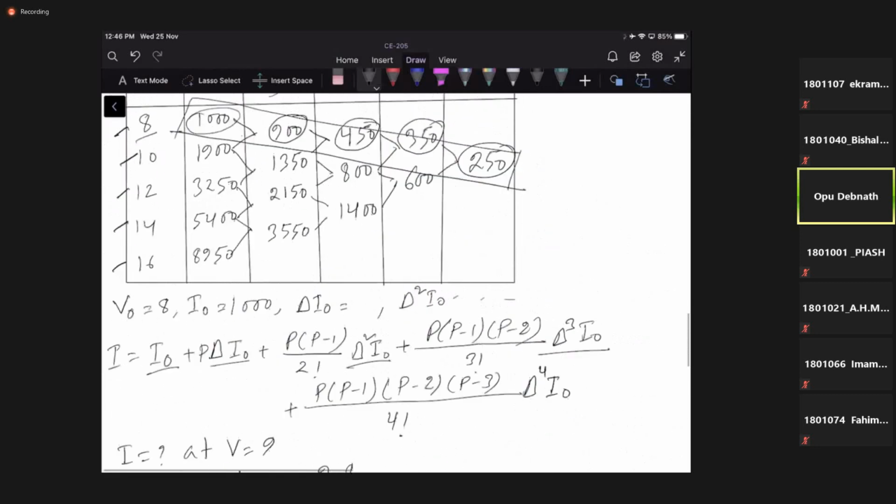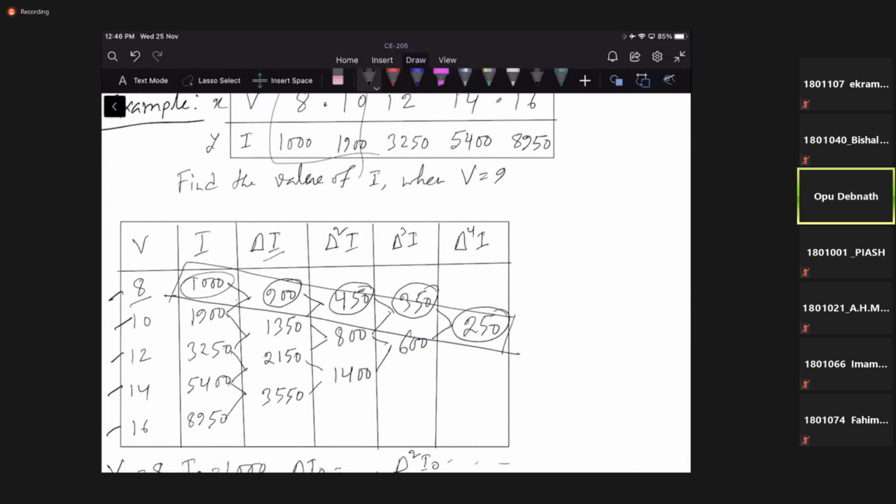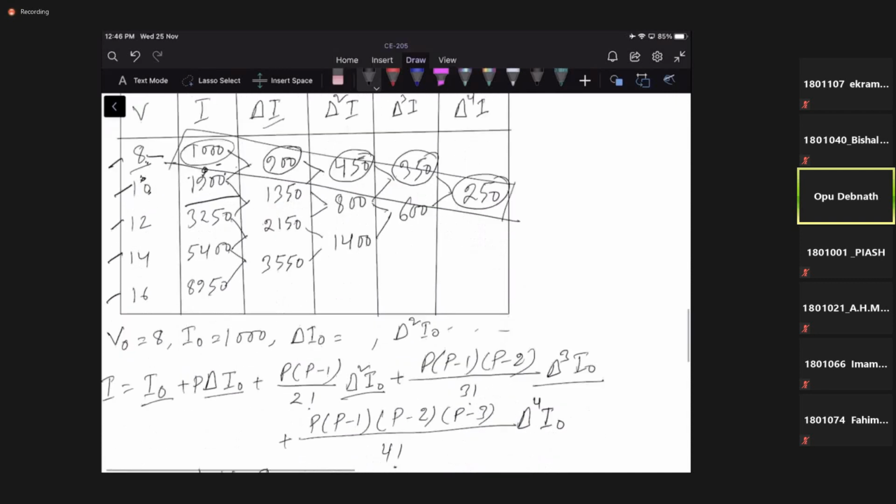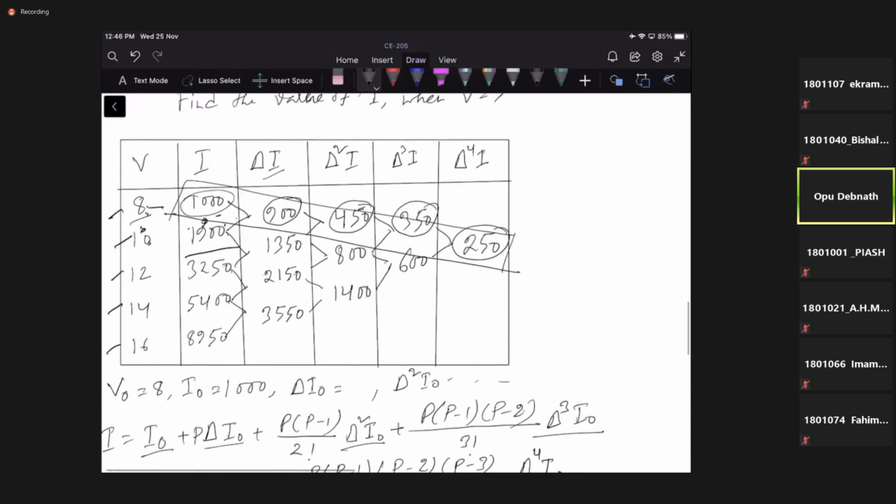So now look at this table. At 8, I is equal to 1000. At 10, I is equal to 1900. And corresponding to 9, you will get 1405. So if you interpolate data and this x value lies between these 2 points, the y values must also lie between these 2 points. Suppose you get a value of I equal to 2000, this is beyond this.